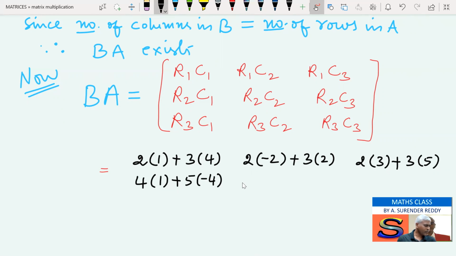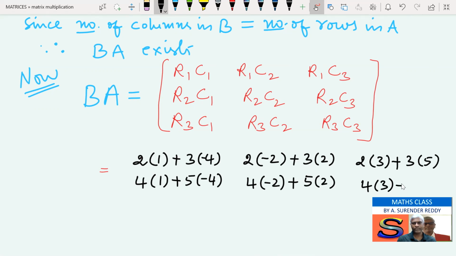Next R2C2: 4 into minus 2 plus 5 into 2. Next R2C3: 4 into 3, 5 into 5.